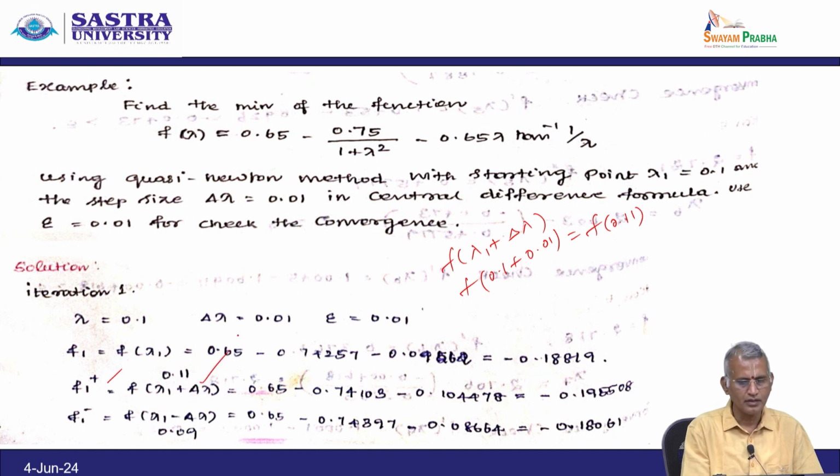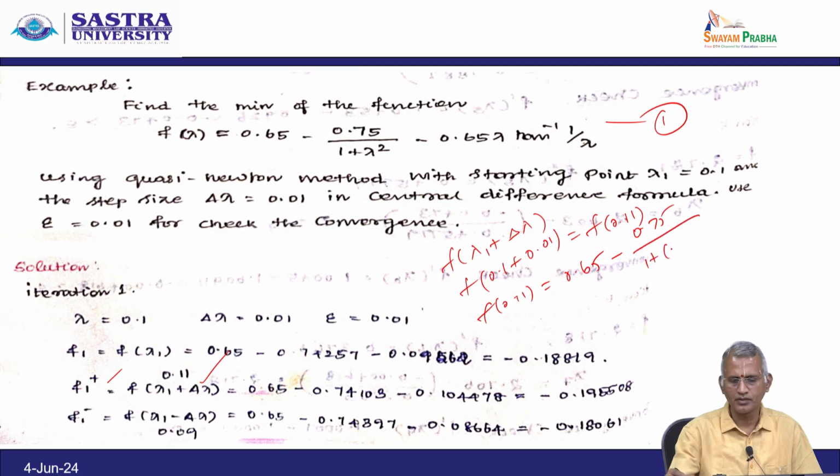Therefore, substituting this in equation 1, f of 0.11 is equal to 0.65 minus 0.75 divided by 1 plus 0.11 the whole square, minus 0.65 into 0.11 into tan inverse of 1 by 0.11.